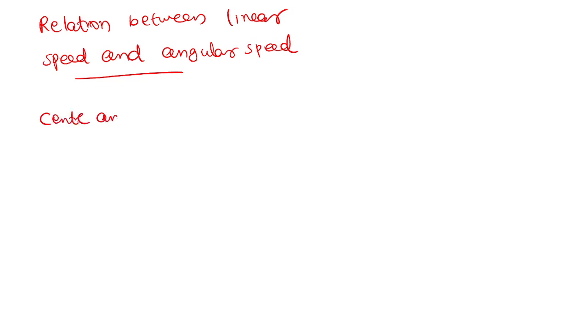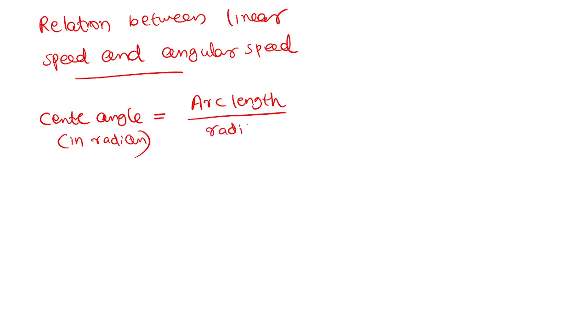Center angle. I don't want to draw the diagram again. Center angle equal to, but the center angle should be in radian measure. Otherwise, this formula is not valid. Center angle is equal to arc length divided by radius. It is there in trigonometry. If you don't know, you please memorize it.